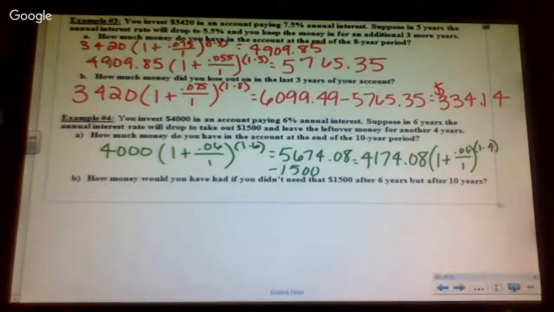So take that answer times the rate all over again. It's 1 times 4, right? Yes. Raised to the 1 times 4. $5,269.68.